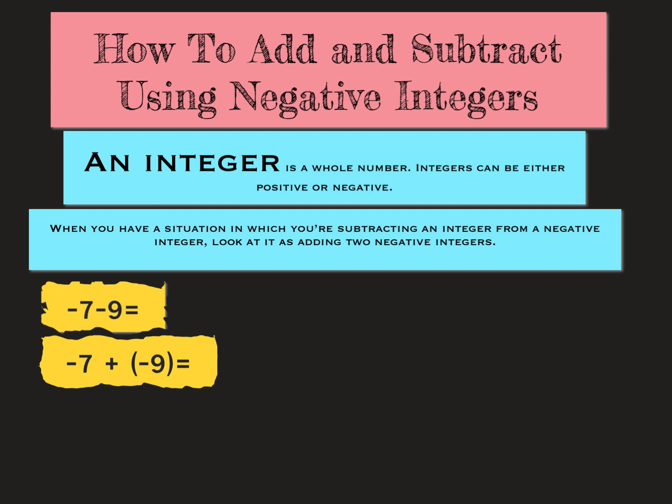When this is the case, we add the numbers together, just as we would with positive numbers. So what is 7 plus 9? 7 plus 9 is 16. In this case, negative 7 plus negative 9 is going to be negative 16.